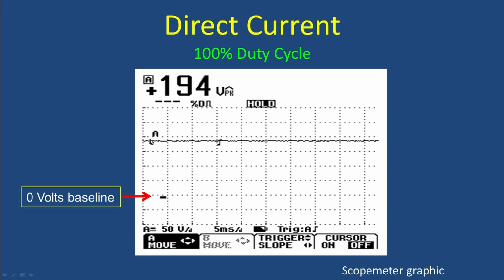The DC waveform is going across like this, so it's something less than 200 volts. And I should say this is 100% duty cycle. Duty cycle is percent time on, and DC is always on, so 100% duty.